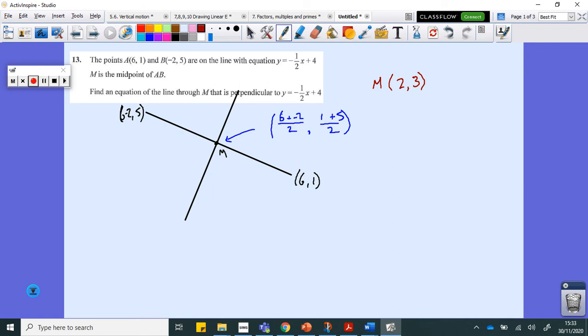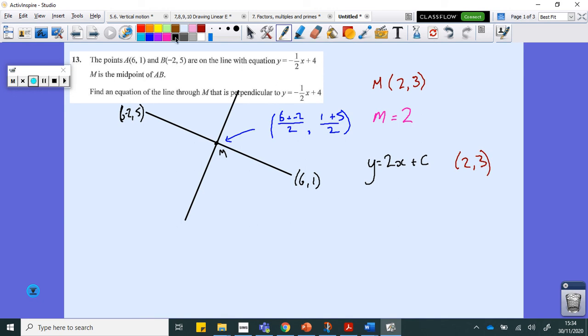It's perpendicular, so it's got a gradient that is the negative reciprocal of negative a half. So the gradient is positive 2. So I know my graph is going to be y equals 2x plus c, and I also know it goes through the point (2, 3), because that's the midpoint.